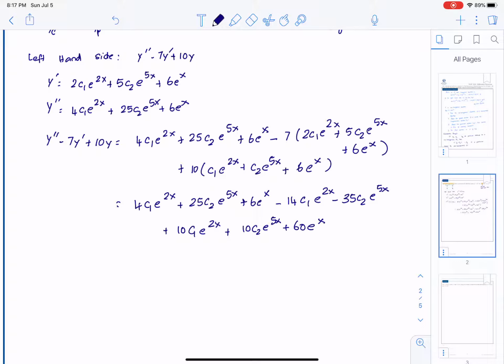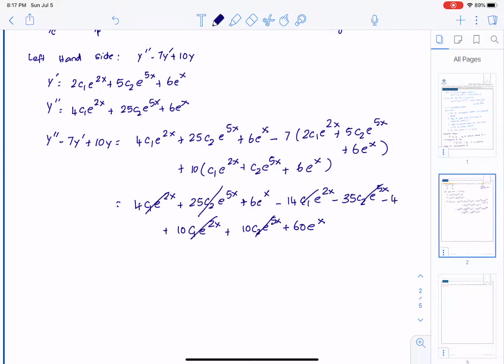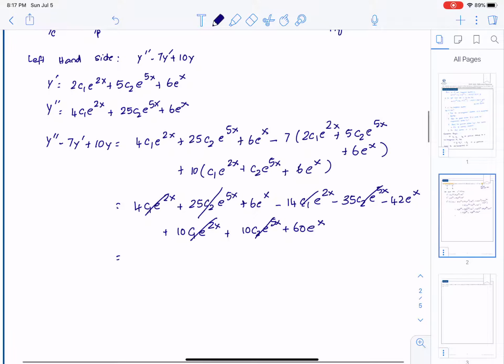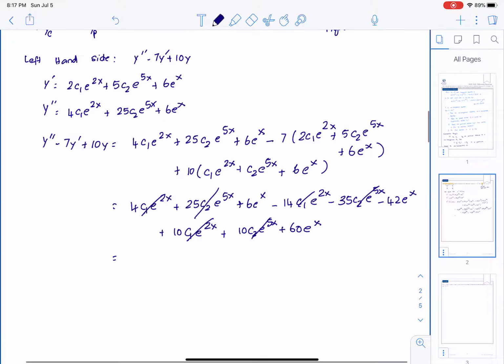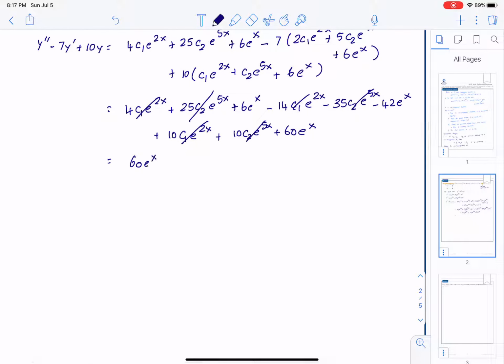Combine like terms, so those will get cancelled, those would get cancelled, and I'm missing one term here. I forgot to multiply the last term, minus 42 e raised to x. So that would give us 6 e raised to x minus 42 e raised to x plus 60 e raised to x, which is 24 e raised to x.